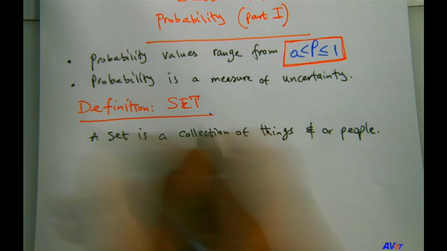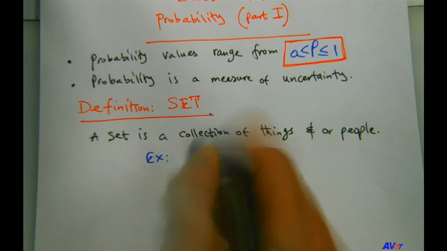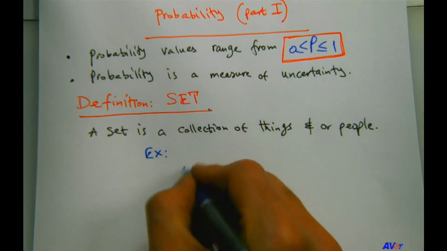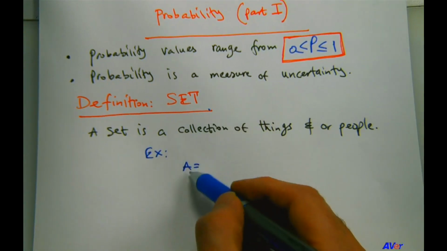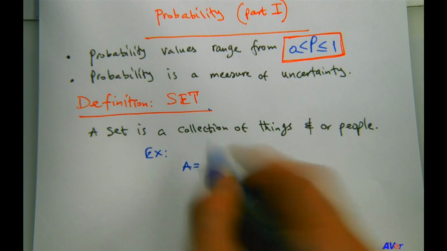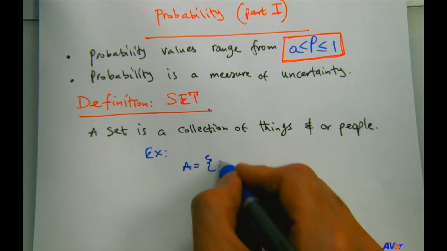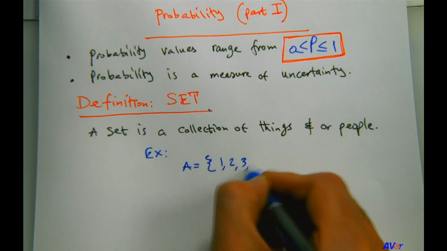And so here are some examples of sets. And by the way, usually we denote a set by a capital English letter. Okay, so suppose set A represents this collection of numbers.